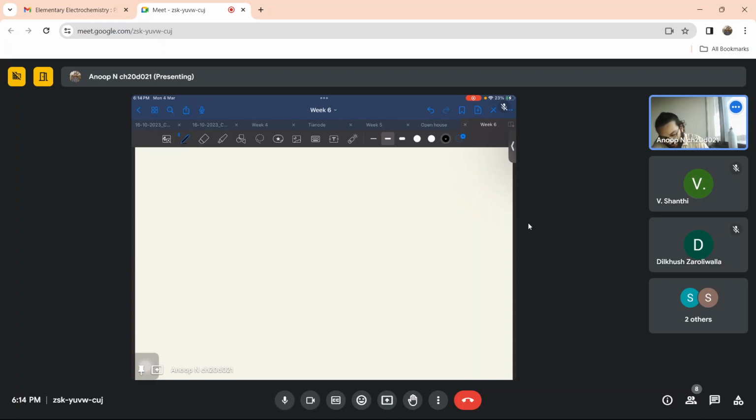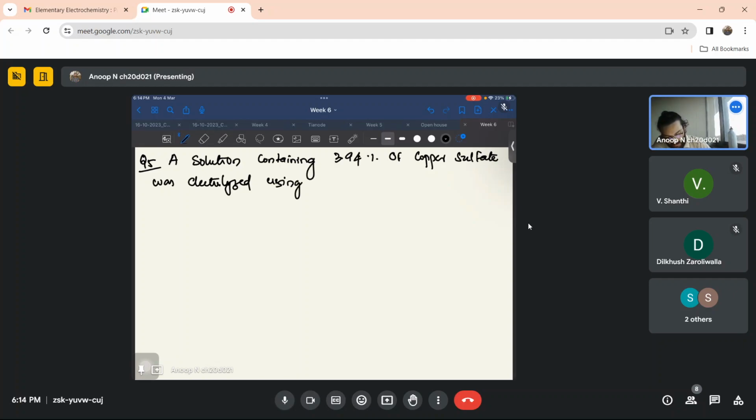The question was Q5: a solution containing 3.94 percent of copper sulfate was electrolyzed using a Pt cathode and copper anode.